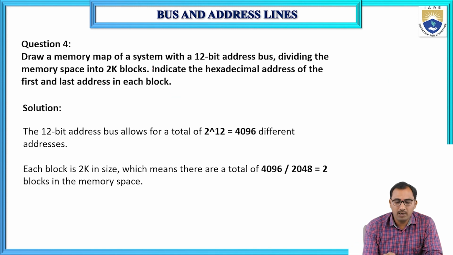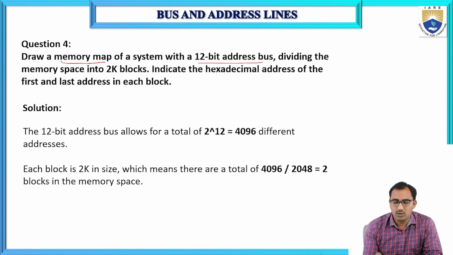Now draw a memory map of a system with a 12-bit address bus, dividing the memory space into 2K blocks, and indicate the hexadecimal address of the first and last address in each block. So we are going to draw the memory map of a system with a 12-bit address bus.